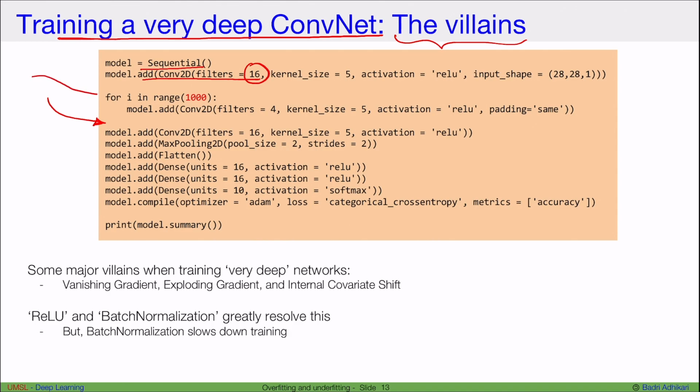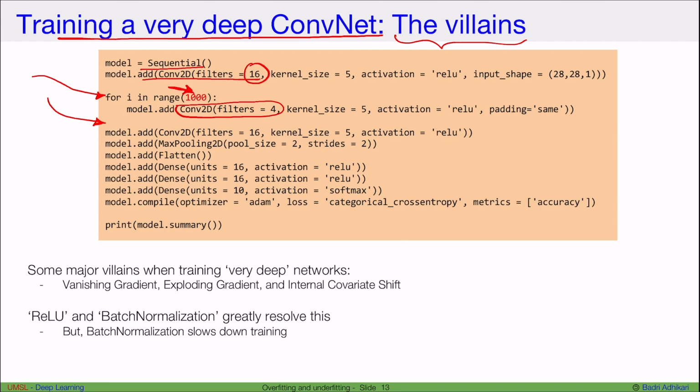And in a for loop, I'm going to add a conv2d layer with 4 filters, but actually 1,000 of them. So 1,000 conv2d layers. Obviously, if you train this model, your results will be terrible. Your model will take very long, first of all, and even if you get past the first few epochs, your accuracy is not going to look very good.